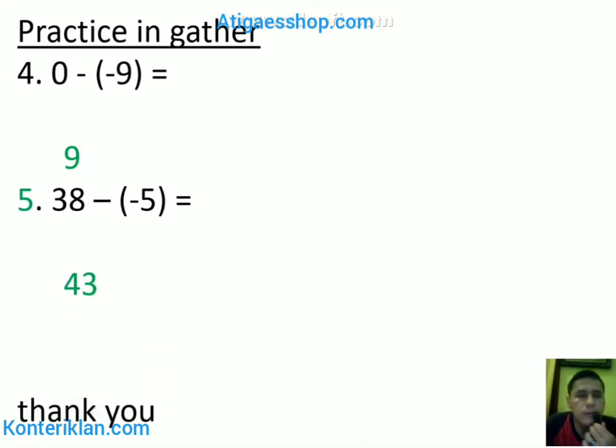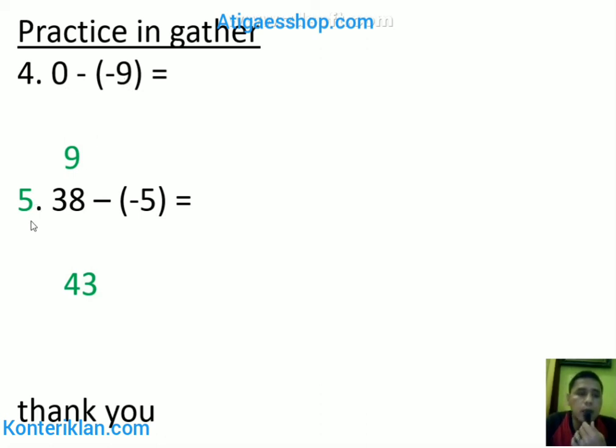What about number 4? 0 subtract, in the bracket, 9. As you know, if negative meets a negative in the bracket it should be positive. So 0 subtract negative 9 is the same as 0 plus 9 equals 9.